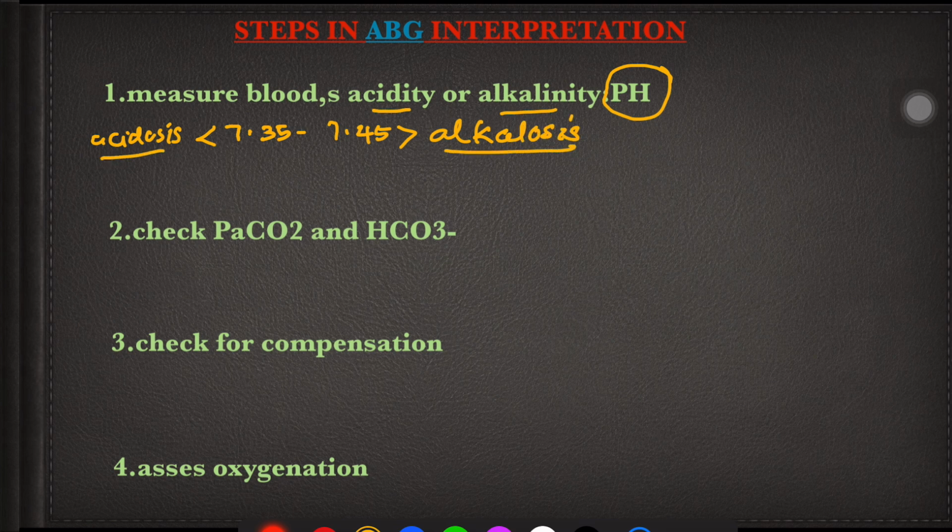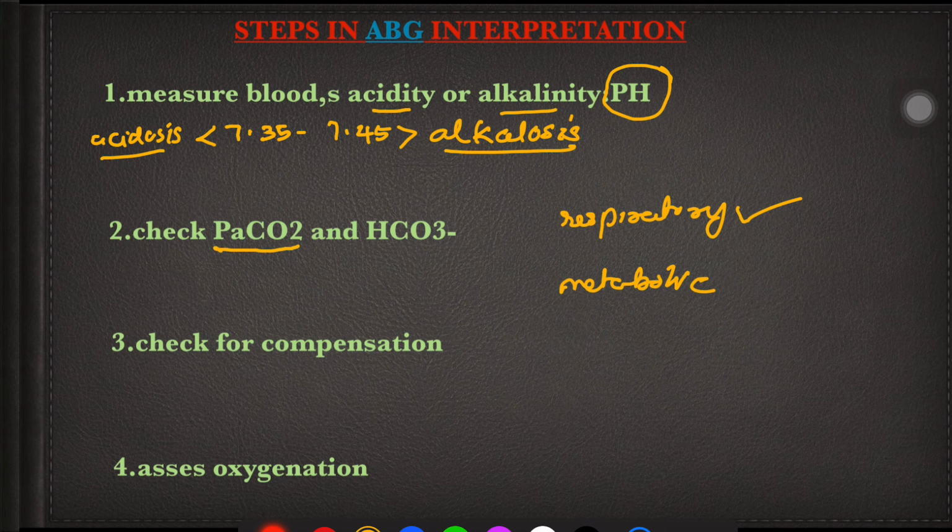Next, determine respiratory acidosis or alkalosis, or metabolic acidosis or alkalosis. If there is any alteration in partial pressure of carbon dioxide, it is a problem associated with the respiratory system, because lungs are excreting carbon dioxide. So if there is abnormality of partial pressure of carbon dioxide, that means lungs are affected.